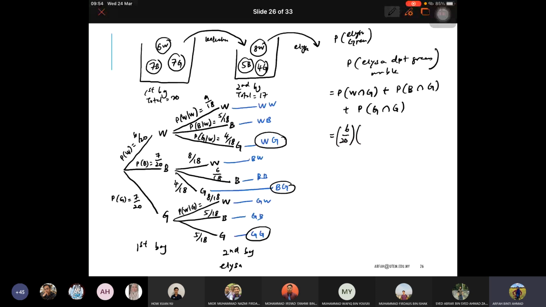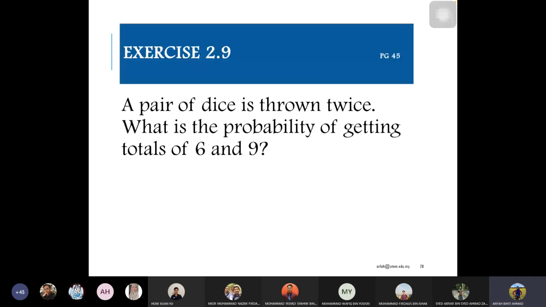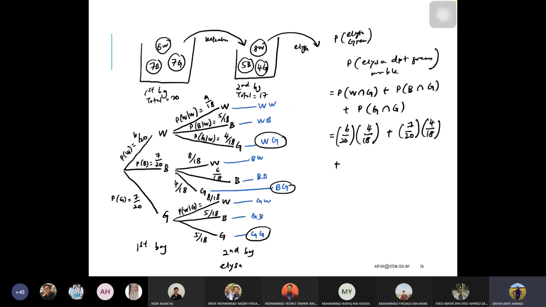6/20 multiplied by 4/18, plus the second case, 7/20 multiplied by 4/18. Plus the third one, 7/20 multiplied by 5/18.